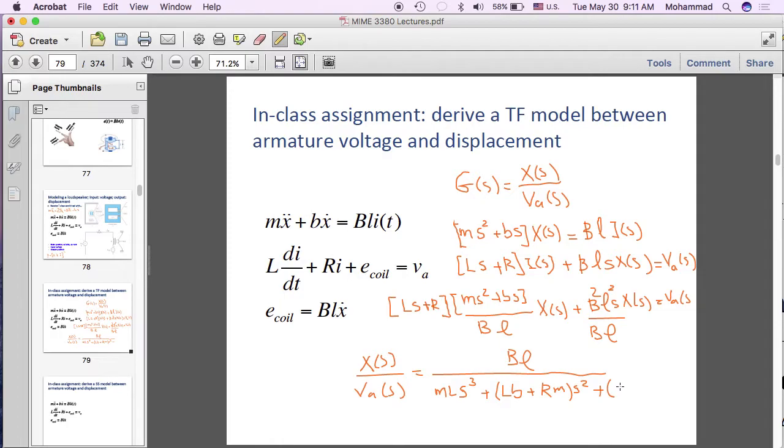One is R times B, and the second term is B squared L squared. Is it clear that we are dealing with the third order system now?